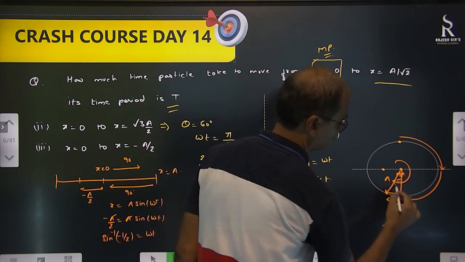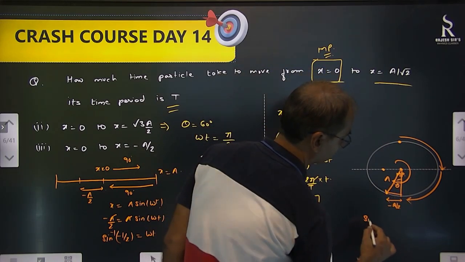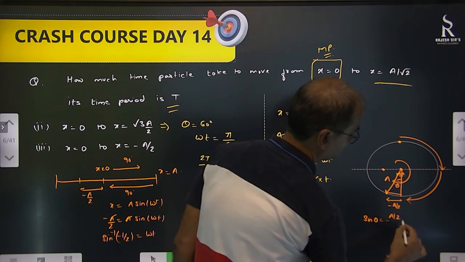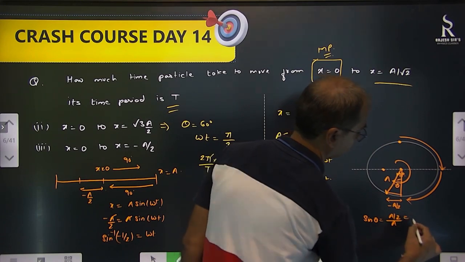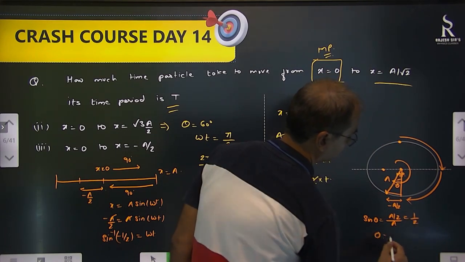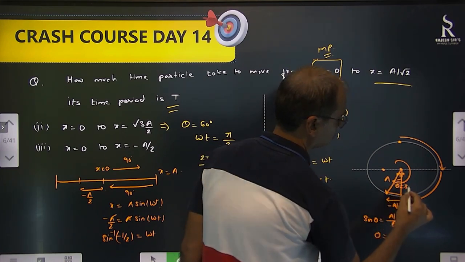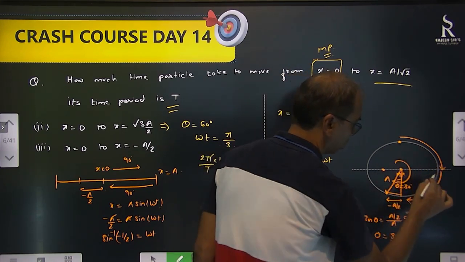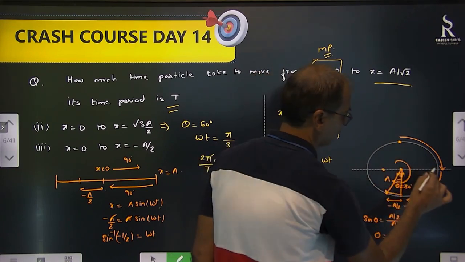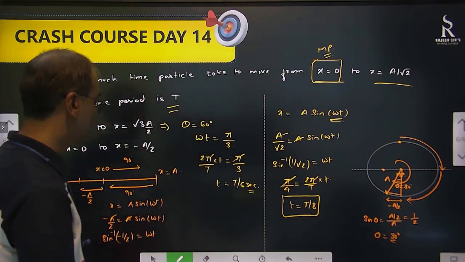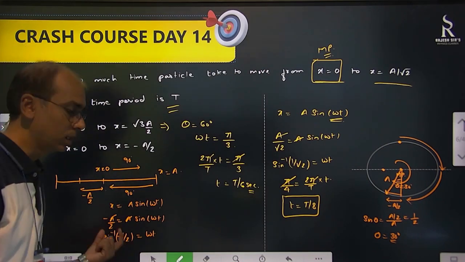If suppose I say this is theta, then sine theta equal to A by 2 by A. So that is 1 by 2. That means theta equal to 30 degrees. So this is 30. But how much has this circular motion doing particle moved? 90 plus 90 plus 30, 210 degrees.